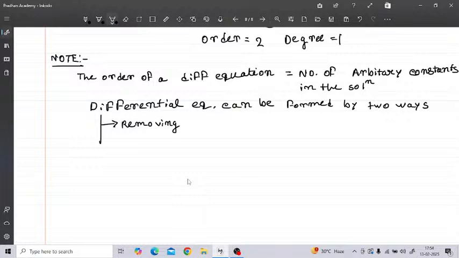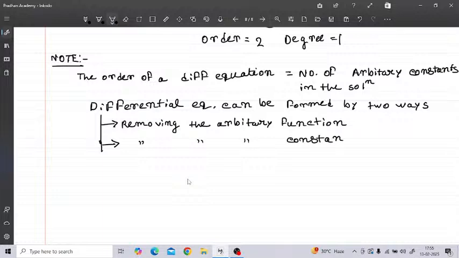Removing the arbitrary function, or the arbitrary constant. In your syllabus, removing the arbitrary constants is the only way.